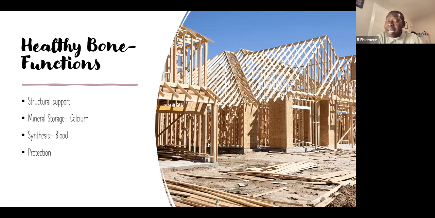It is our main storage area for calcium. Most of your calcium, most of your phosphates are stored in your bone. You might ask yourself, so what does the calcium itself do? The calcium does so many things. The calcium helps certain enzymes to be activated.